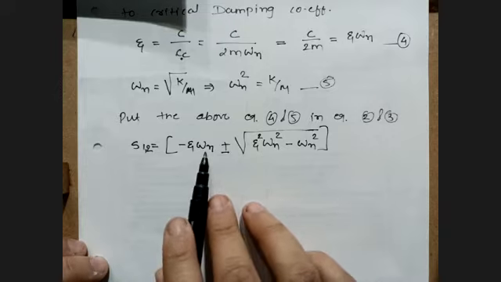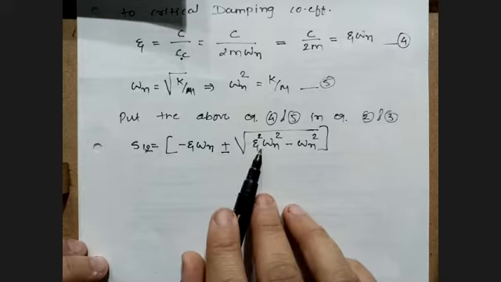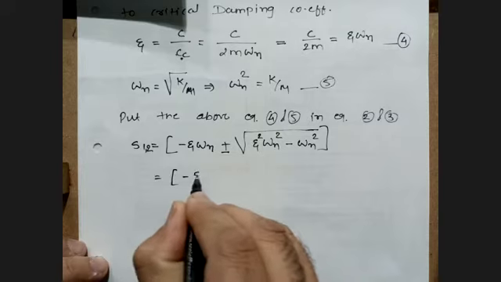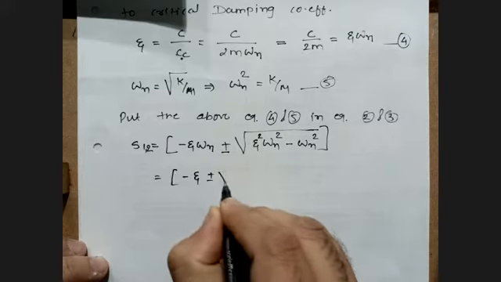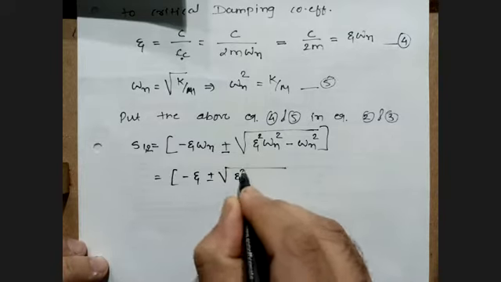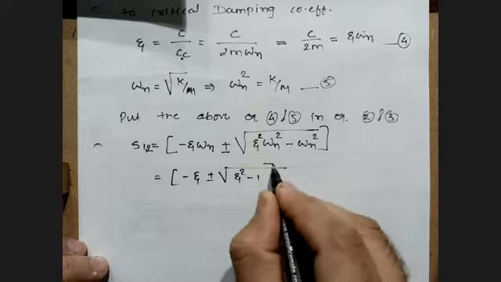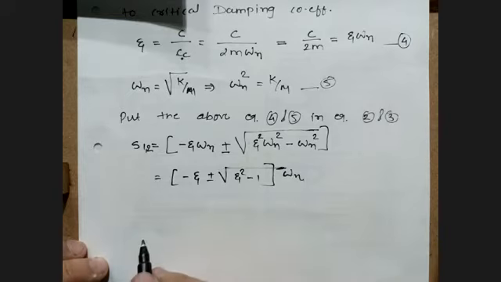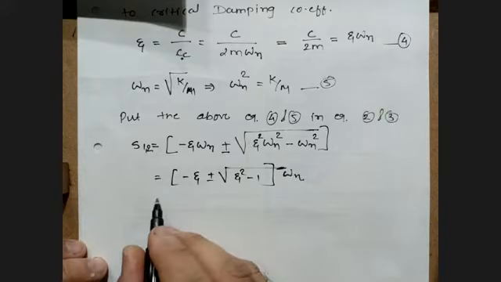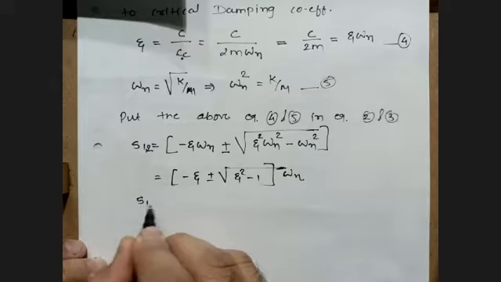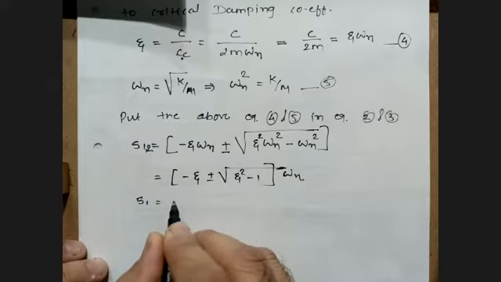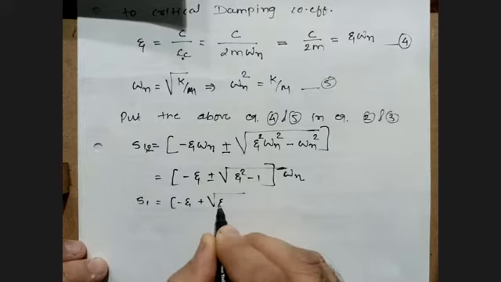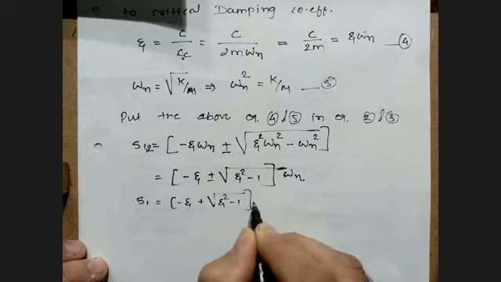So we keep omega n common from all terms, and finally we have minus zeta plus or minus the square root of zeta square minus 1, into omega n.